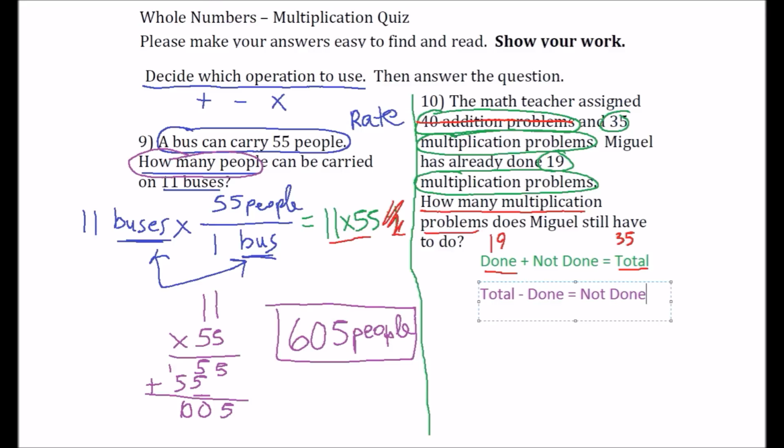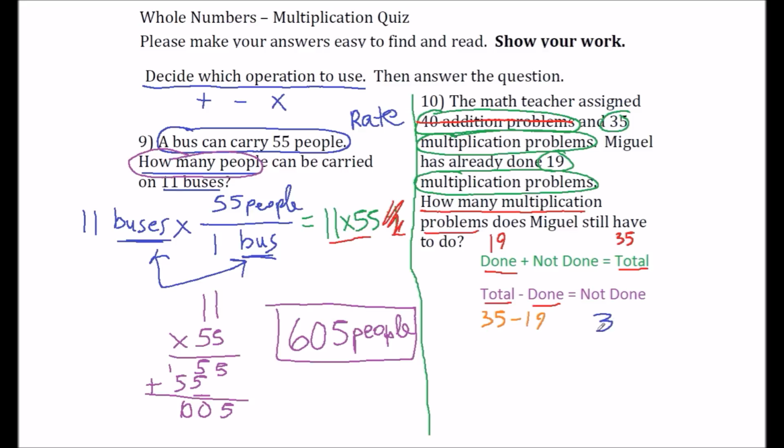Because we know both of these. We know the total and we know how much is done. So we can combine those with subtraction. We can do 35 minus 19. 35 take away 19. We want to separate, to come up with how many are not done.